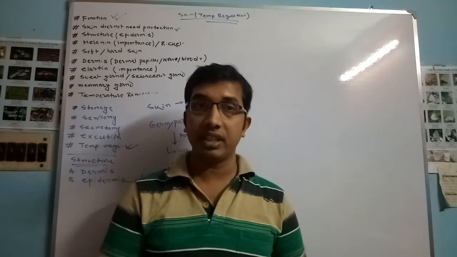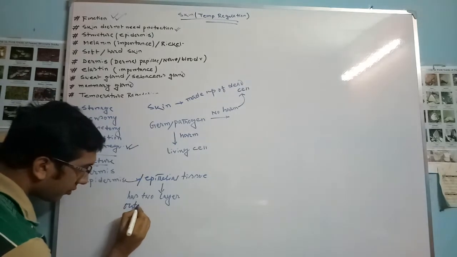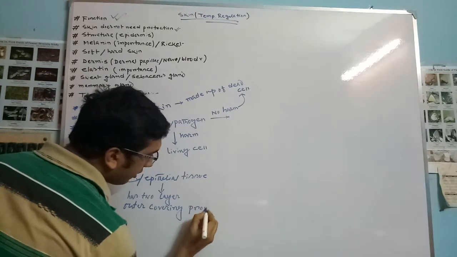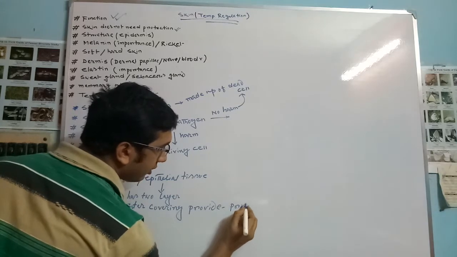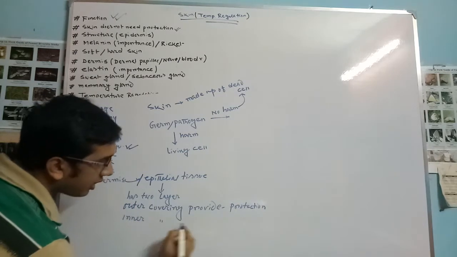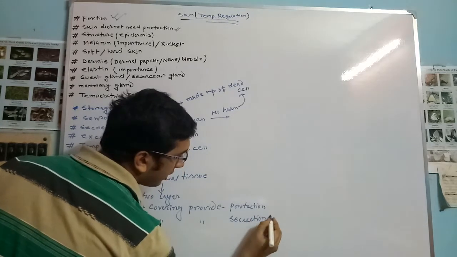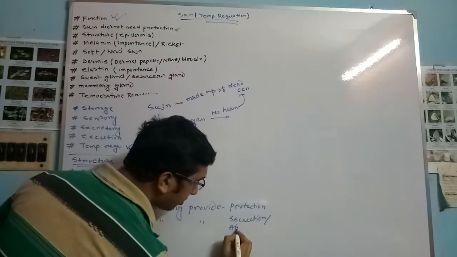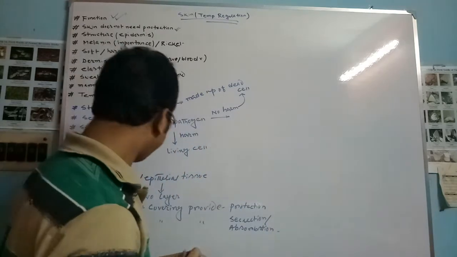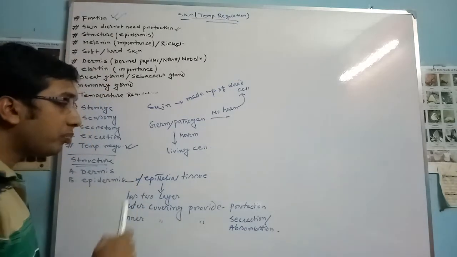The outer covering provides protection, but the inner covering provides different functions like secretion and absorption. So the epithelial tissue present in our skin also plays a different role.